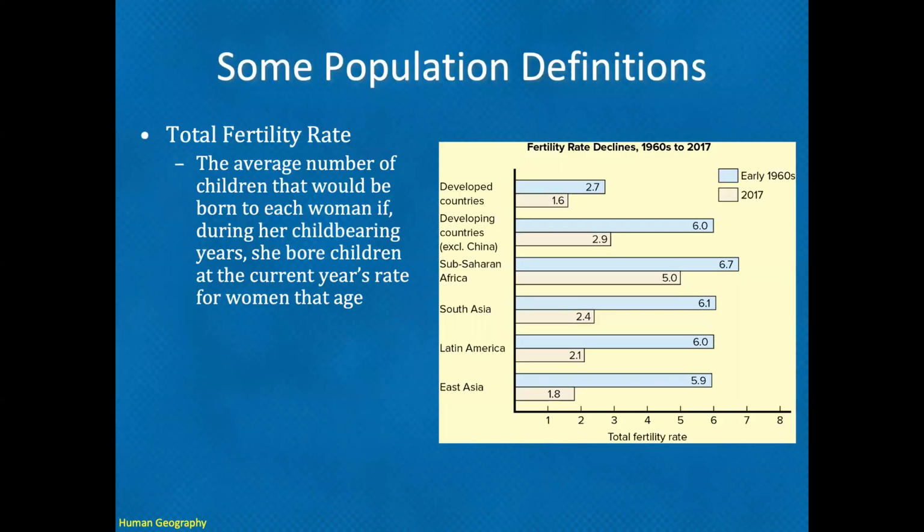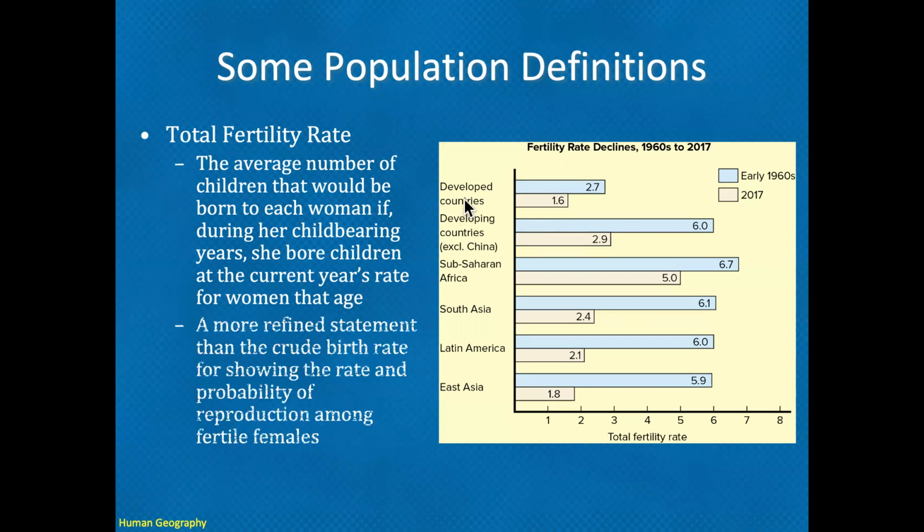So total fertility rate, this is something that you should look at when you look at your data for your homework. It is the average number of children born to a woman during her reproductive years. And so notice the difference in these different areas, whether it be developed countries like the United States, developing countries, sub-Saharan Africa from the early 60s to the later half of the 2010s.